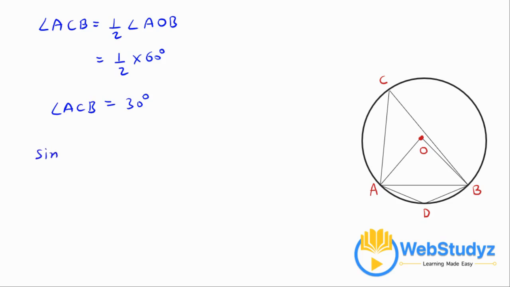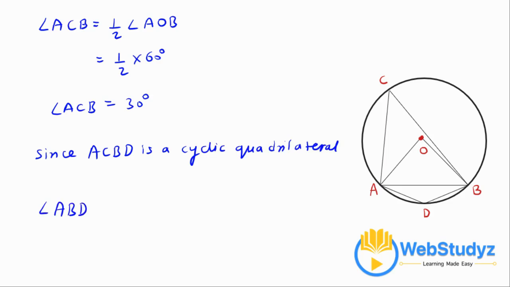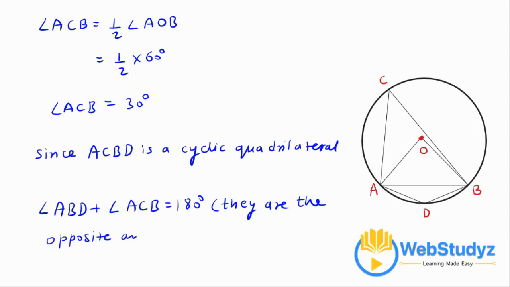Since ACBD is a cyclic quadrilateral, we can say that angle ADB plus angle ACB should be equal to 180 degrees, as they are the opposite angles of a cyclic quadrilateral.